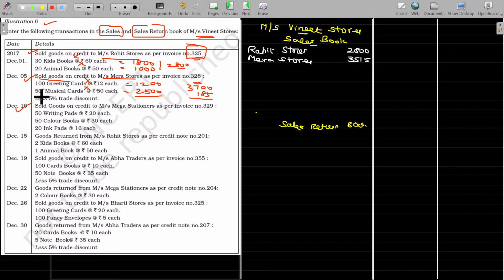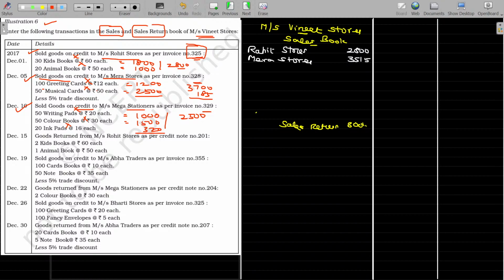10th one. Sold goods on credit to Mrs. Meha Stationaries as per invoice number 329. 10 writing pads at rupees 20, the value being 1000. 50 color books at rupees 30, if I multiply, it is 1500. The overall value being 2500. From there, one more thing. 20 ink pads at rupees 16, 320.